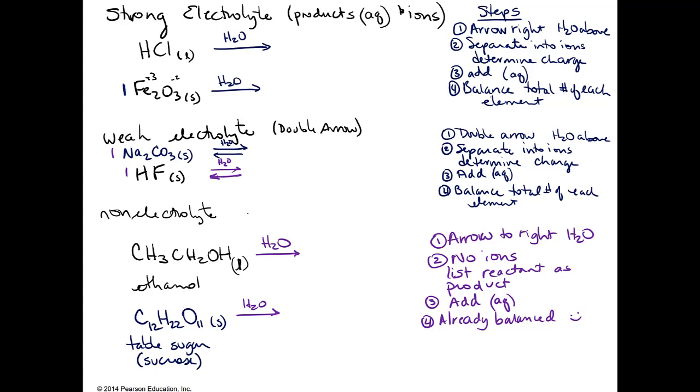What you do is you just separate the component into its individual ions, positive and negative, and make sure that they're balanced. So in this one, HCl, when this is added to water, I end up with H+, which is aqueous, and Cl-, which is aqueous. And you see that it's already balanced: 1 hydrogen on either side, 1 chlorine on either side.